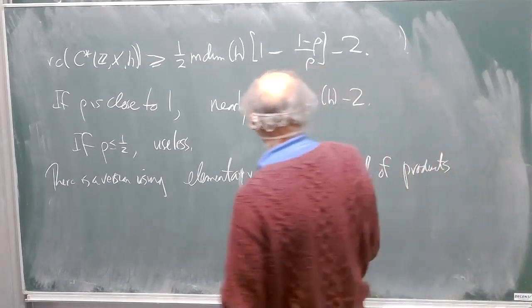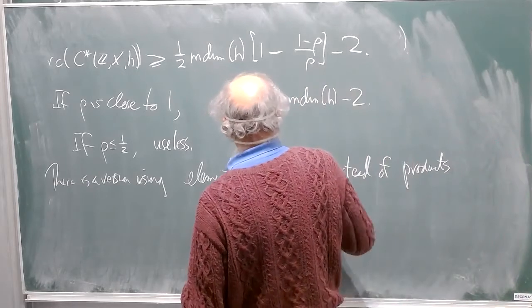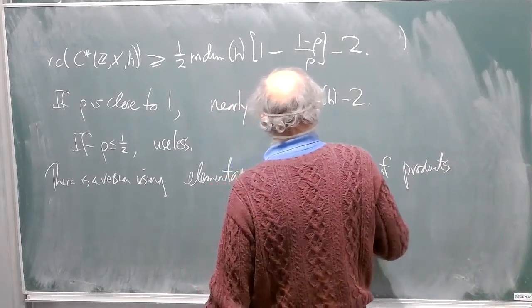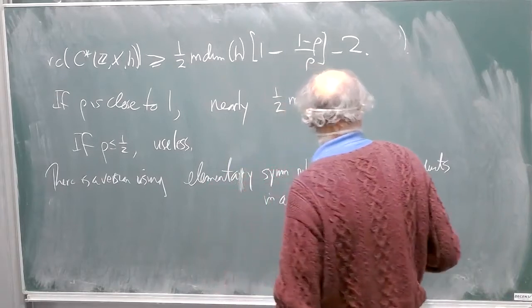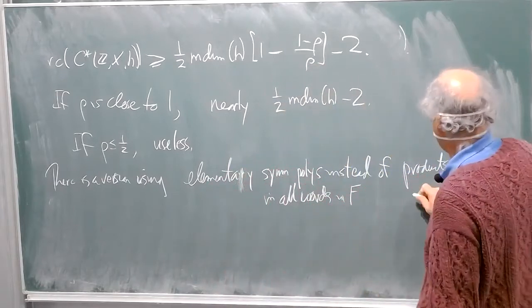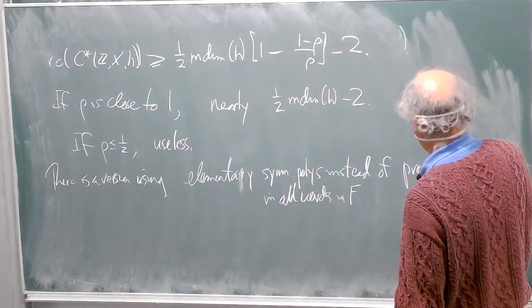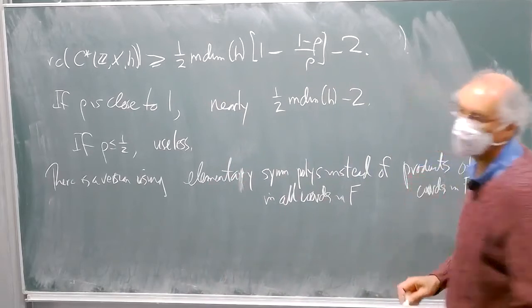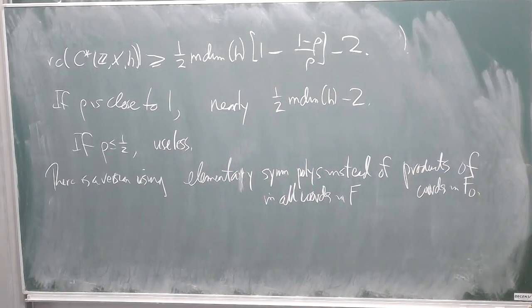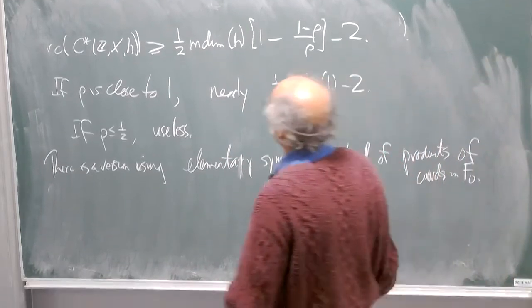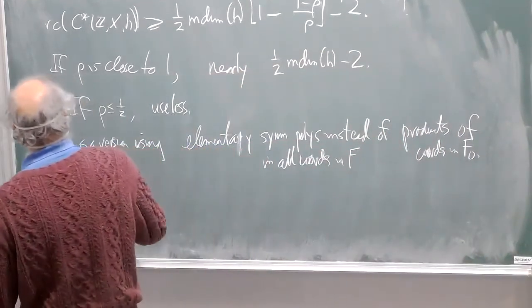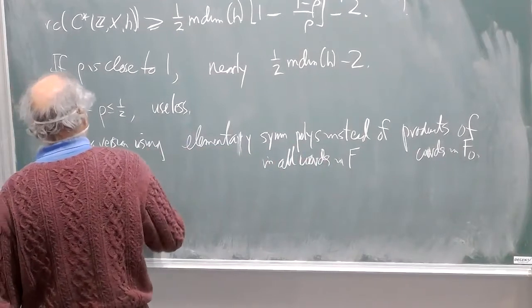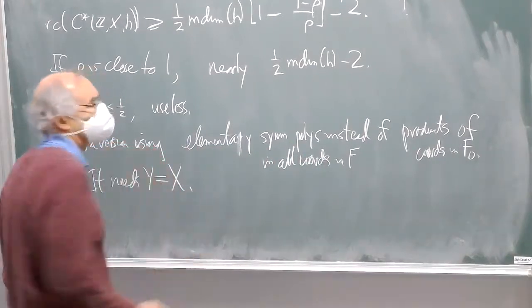Elementary symmetric polynomials in all coordinates in F. They have just products of coordinates in F0. The disadvantage is that it needs y equals x.